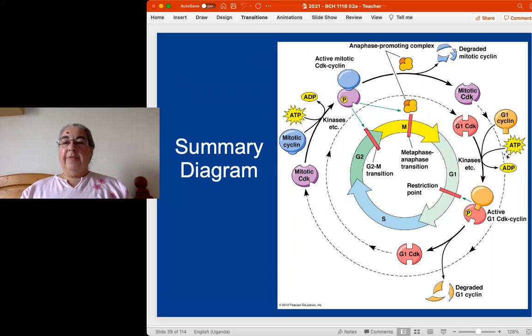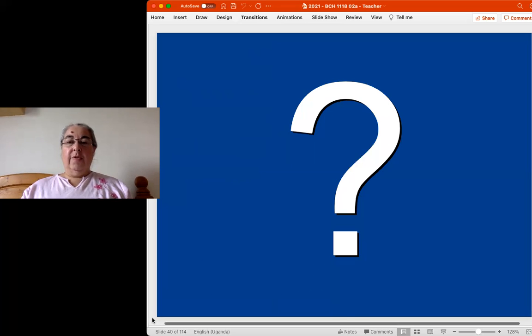And this just emphasizes the need for energy from ATP in some cases, and it shows the degradation, the destruction of the cyclin proteins when they are no longer needed. Okay, so that is control of the cell cycle. So do ask any questions.